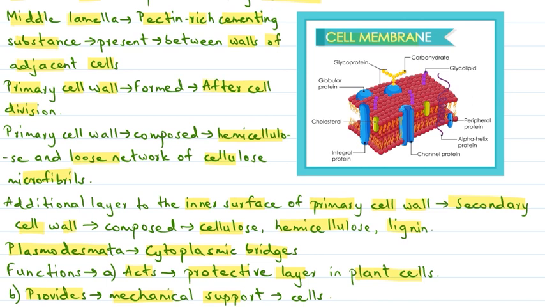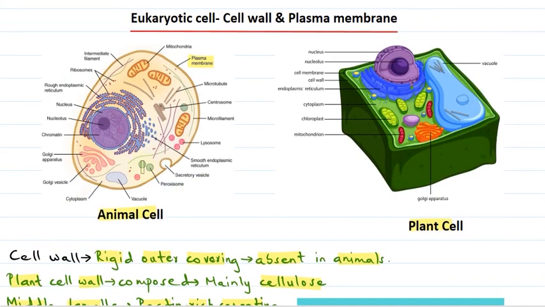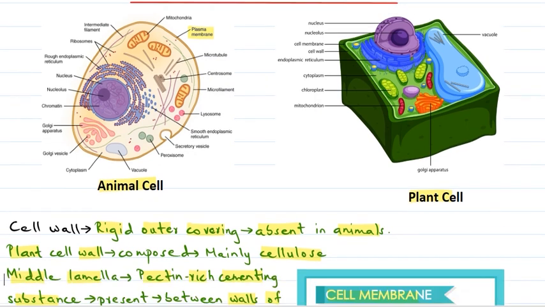So what does the cell membrane do? It physically separates the cytoplasm from the surrounding cellular environment, which we can notice in these diagrams. This is the plasma membrane. Cytoplasm is present inside the cell, so it is physically separated from the surrounding cellular environment in all cells.